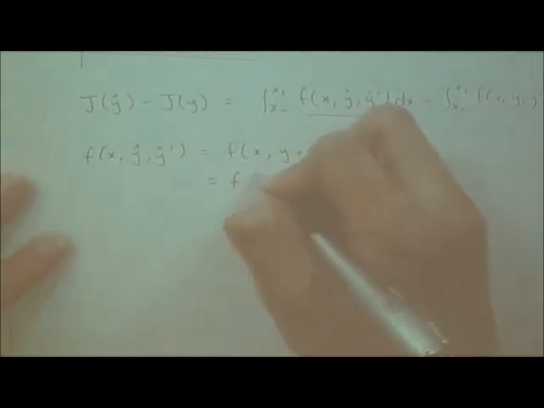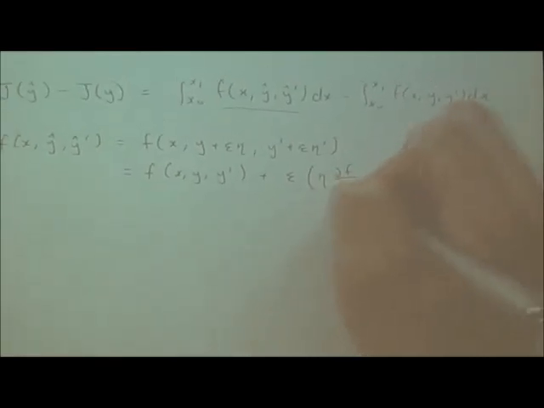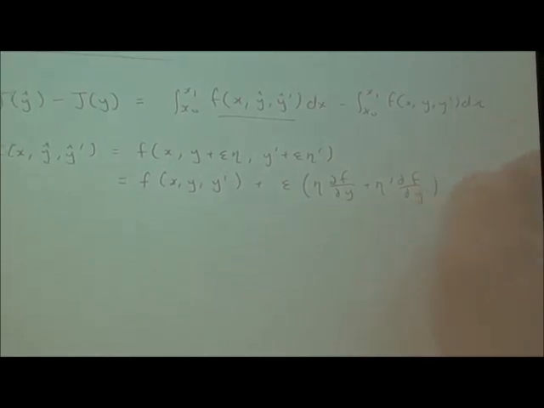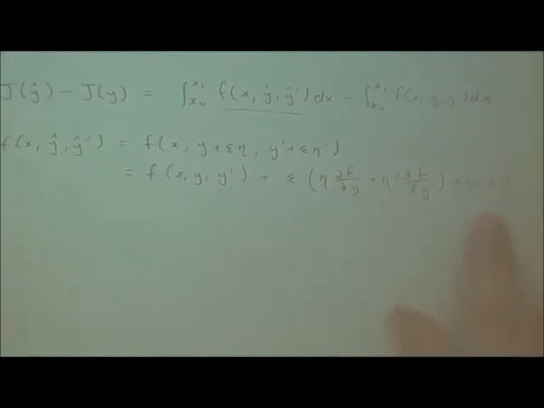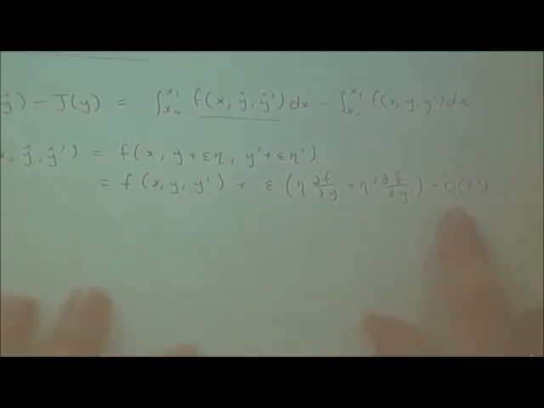And this expands to, we have O of epsilon squared here. Some of you might have seen this notation before.